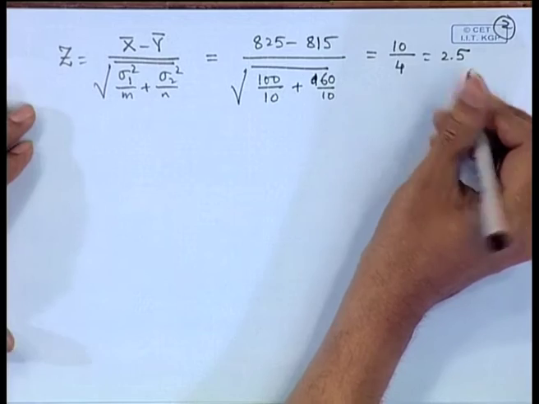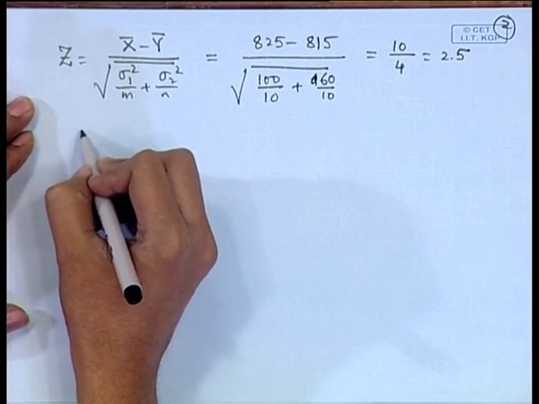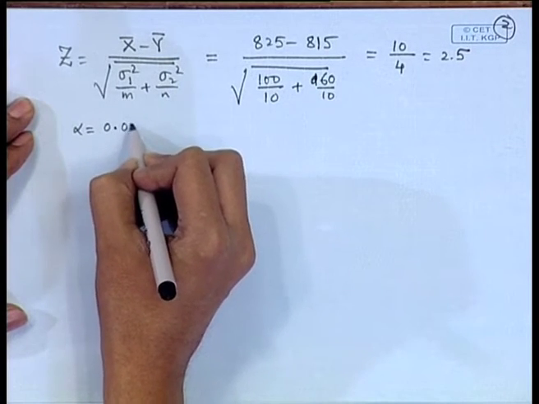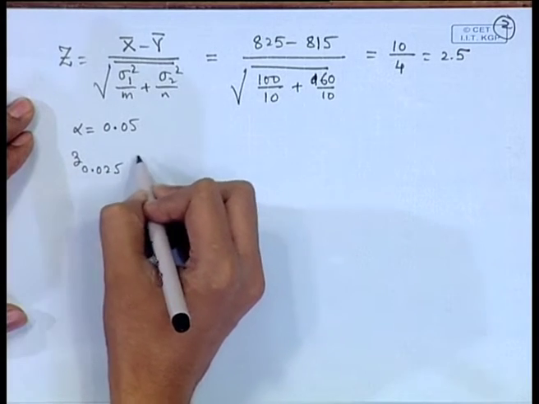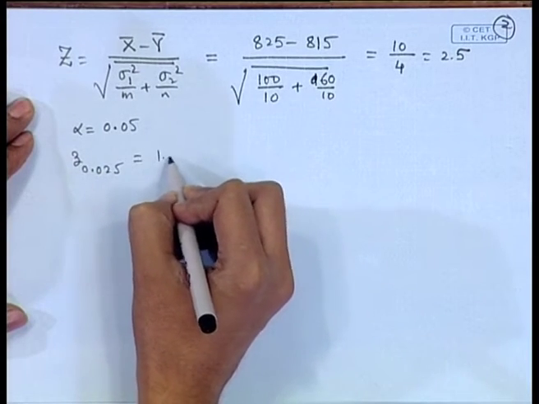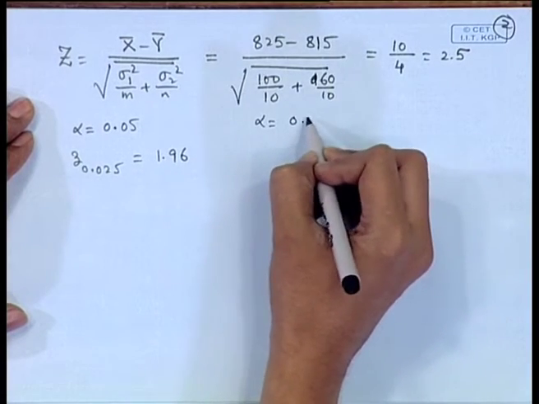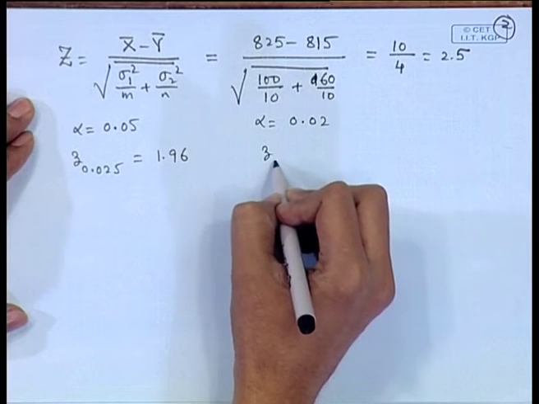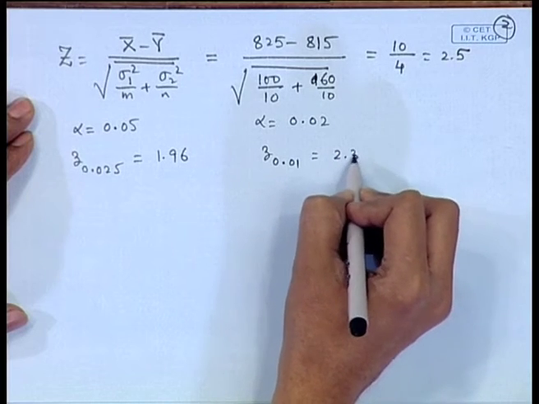If we are carrying out a test at level alpha equal to 0.05, then I need to look at z of 0.025, that is equal to 1.96. Suppose alpha is equal to 0.02, then I will have to see z of 0.01, that is equal to 2.32.